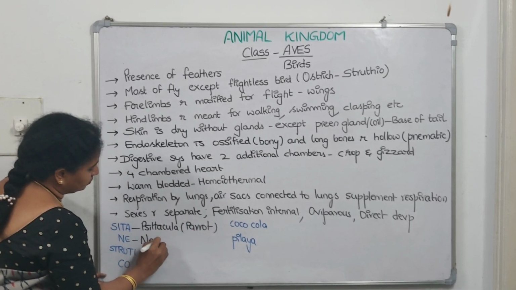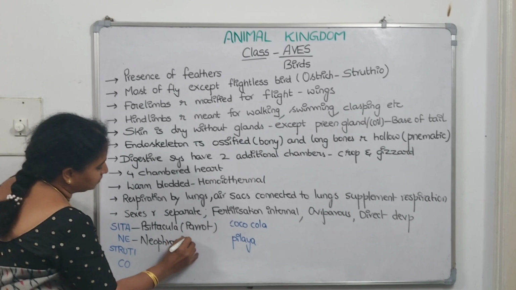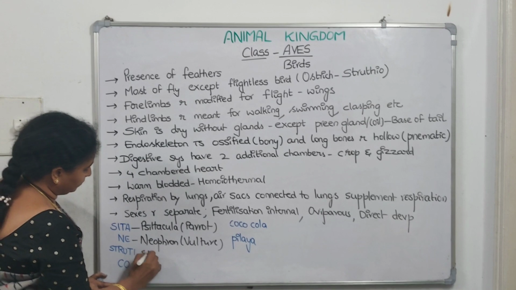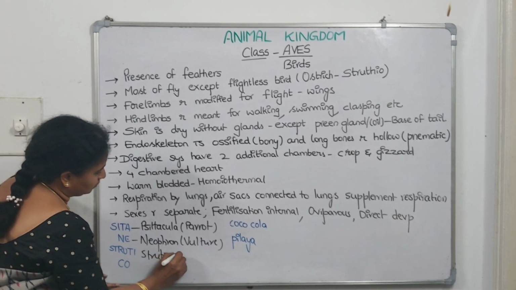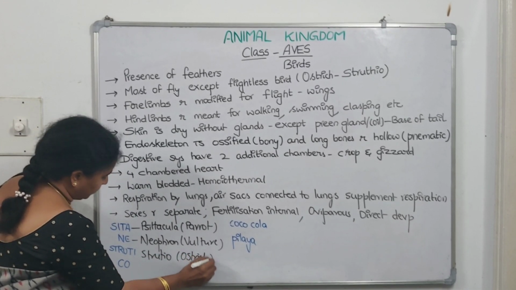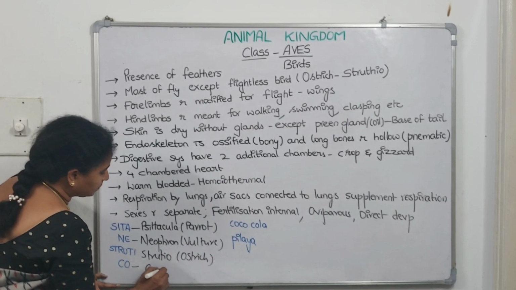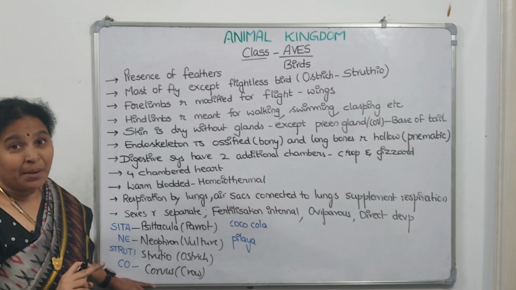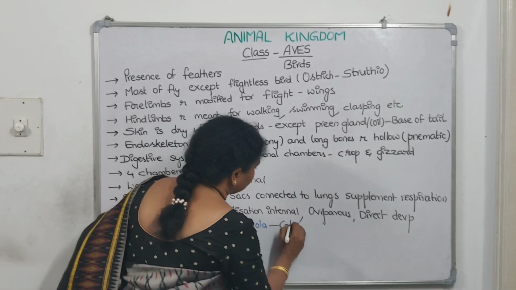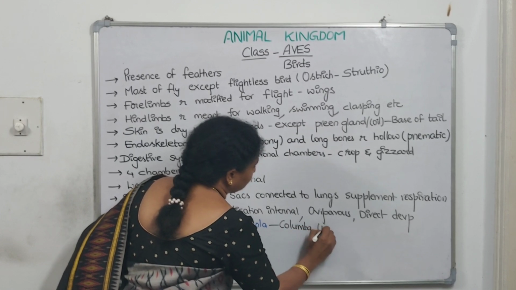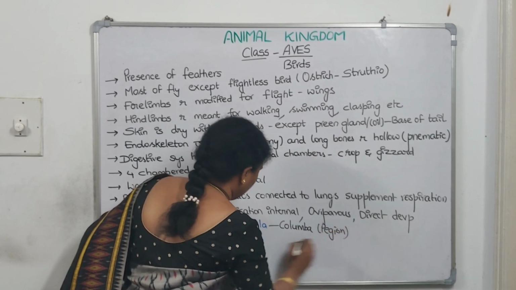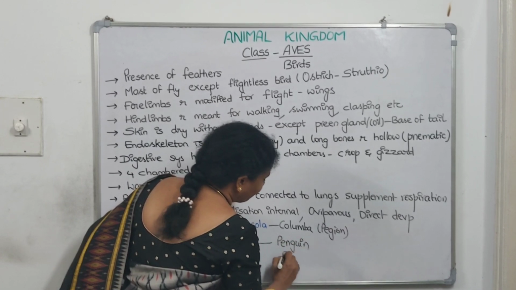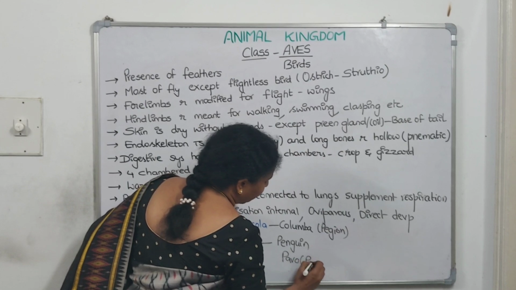Ne means Neophron, which is vulture. Shruti means Struthio, which is ostrich, a flightless bird. Co means Corvus, which is crow. Coca-Cola, Cola means Columba, which is pigeon. And pilaya, with this penguin should come. Pavo should come. Pavo is peacock.